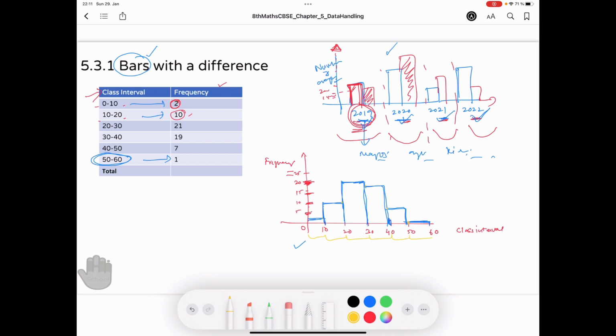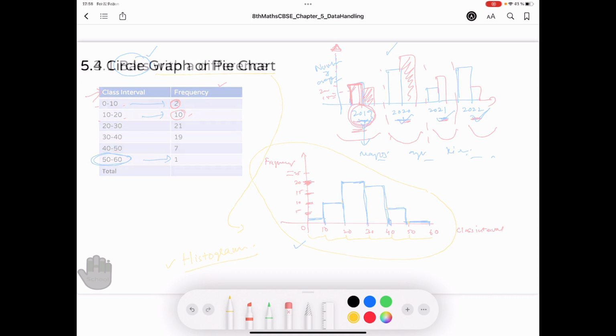So this is why these bars are adjacent to each other. There is no gap in between these bars. Since there is a difference, there is a different name as well. The name of this kind of bar chart is histogram. Okay, histogram, mainly used for representing continuous data.